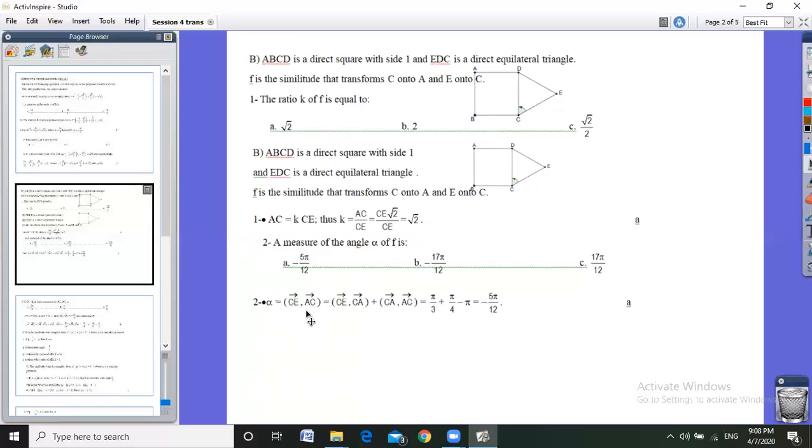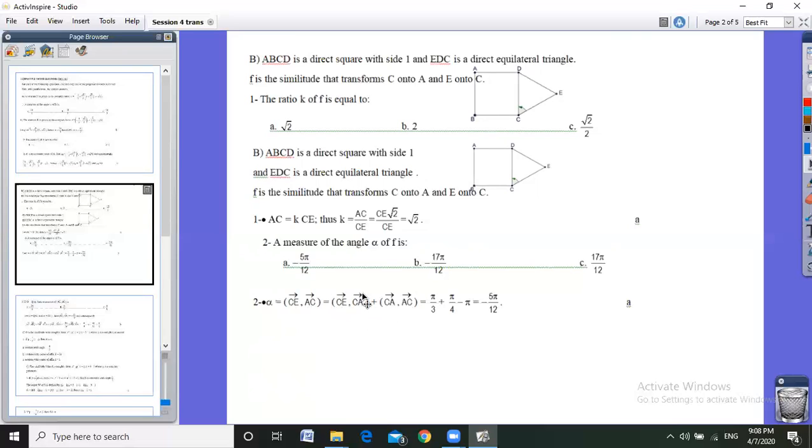To find the angle between CE and AC, we insert CA to get two vectors starting from the same origin C. We can insert any vector here; it's better to insert CA. We get (CE, CA) plus (CA, AC).